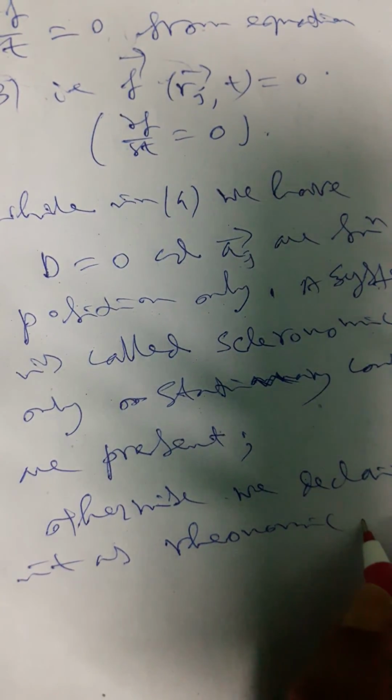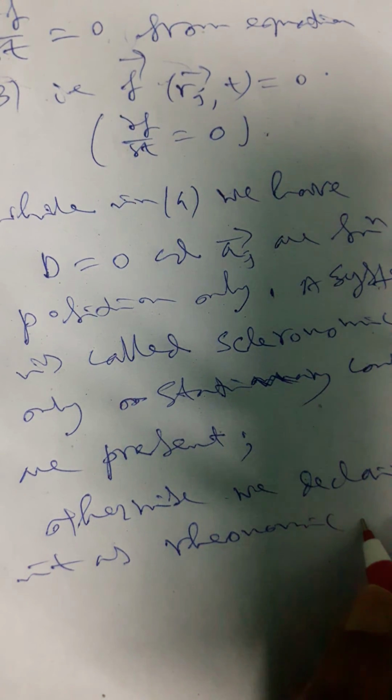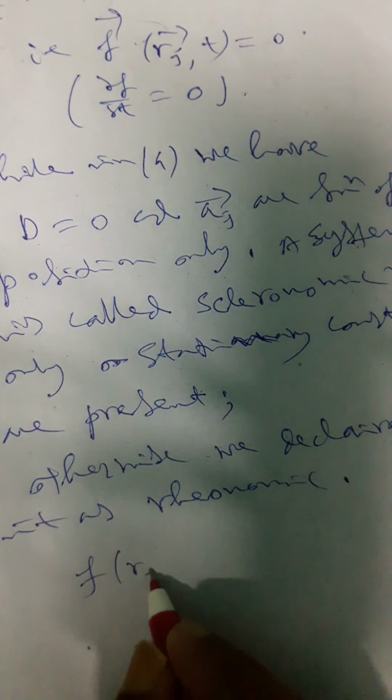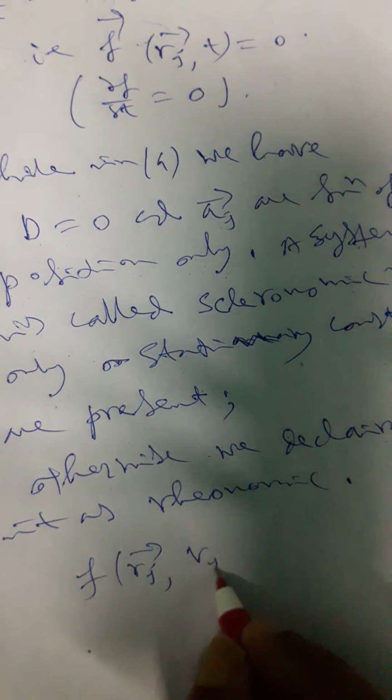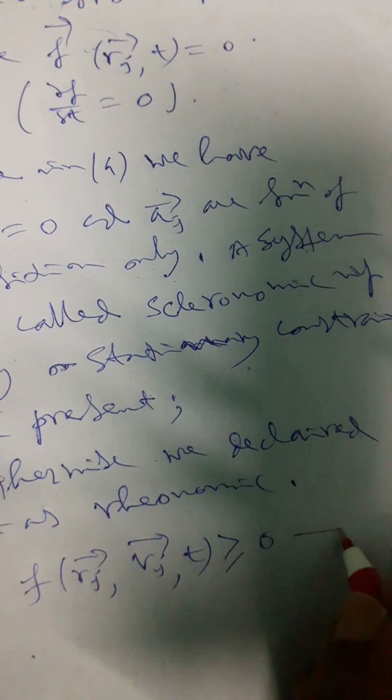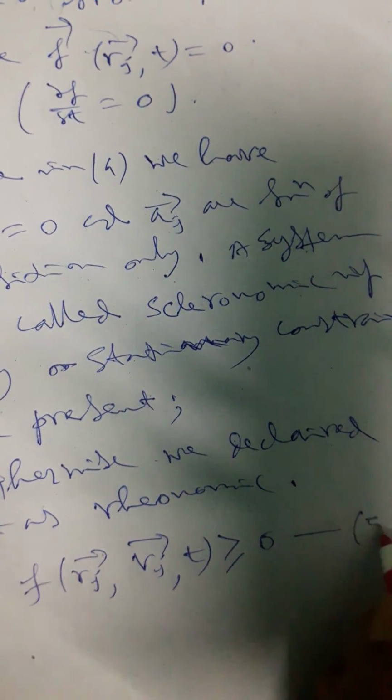Now, apart from these general equations of constraint, we find other constraints of a general form, which are called bilateral constraints. There are also unilateral constraints, which appear as inequalities, if the term is non-zero, that is Ri Vi with t greater than or equal to 0, taking equation number 5.